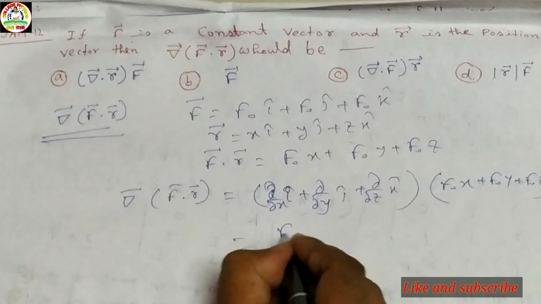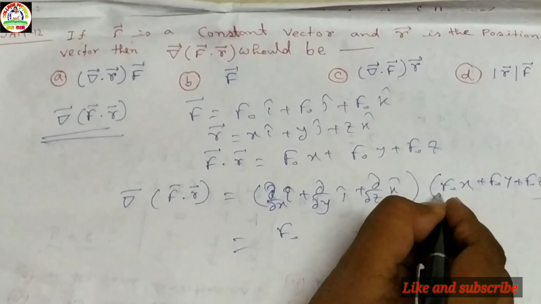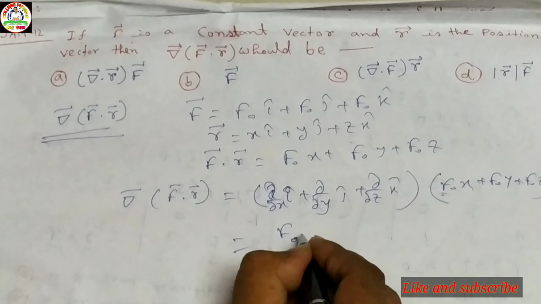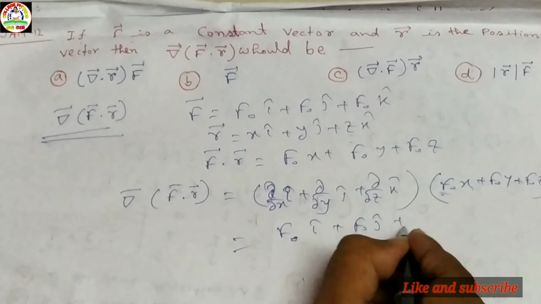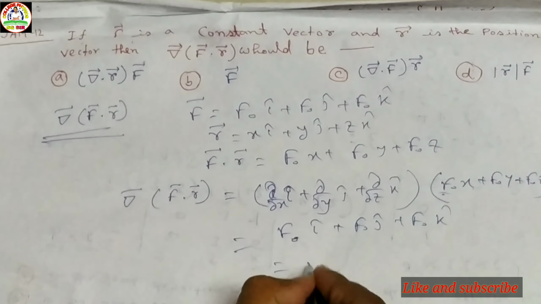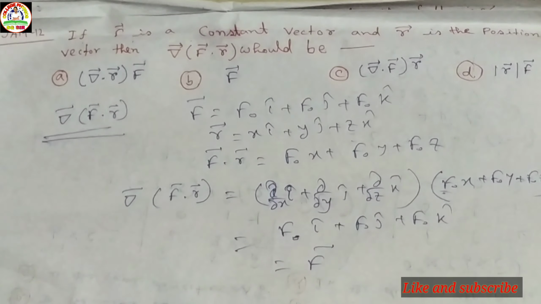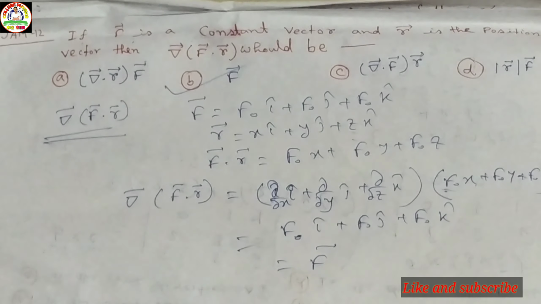So del x into x, F0 is a constant term, del x by del x equal to 1, so F0 i cap plus F0 j cap plus F0 k cap equal to F vector. So option B is correct.